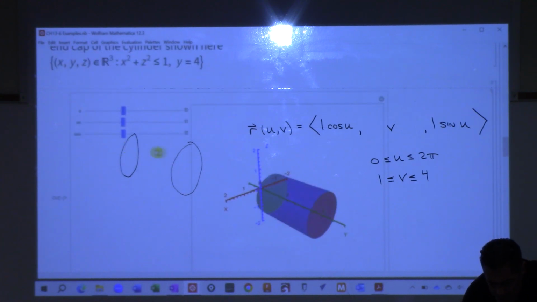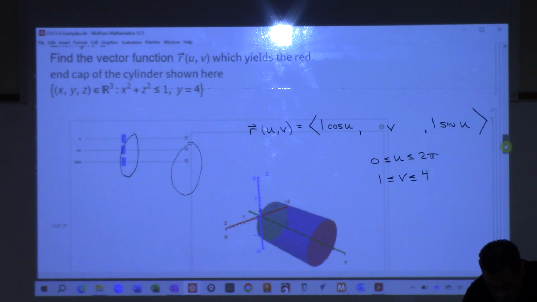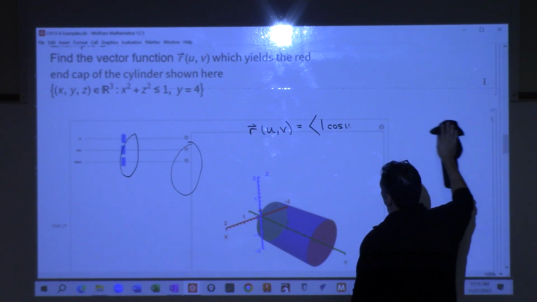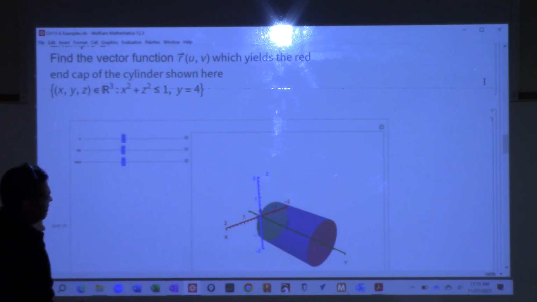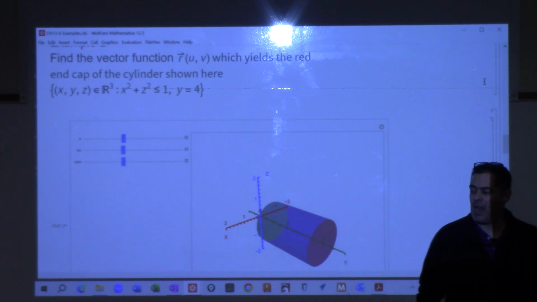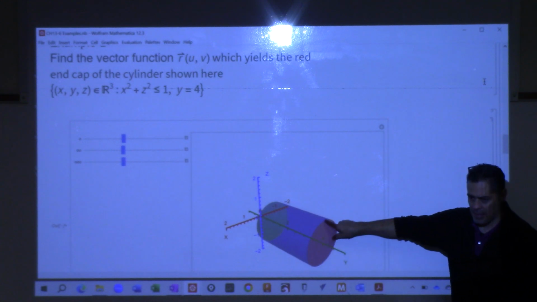So for this one, find the vector function which yields the red end cap of this. So it's the same picture we just had, the same cylinder we just had, but I only want the red end cap, which is this one right here. This is the red end cap.